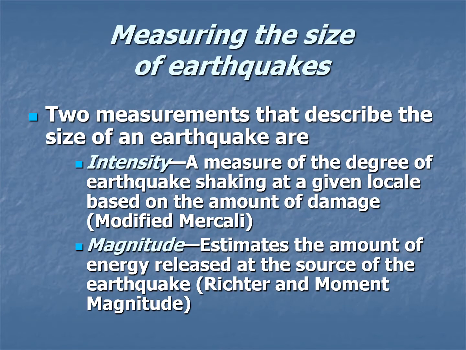Okay, measuring the size of earthquakes. This is not on your exam, but we'll just quickly narrate these slides anyway. So we want some idea of the intensity of the earthquake, as in how much shaking do we have, what kind of damage do we have. That's modified Mercalli, which is kind of old school.